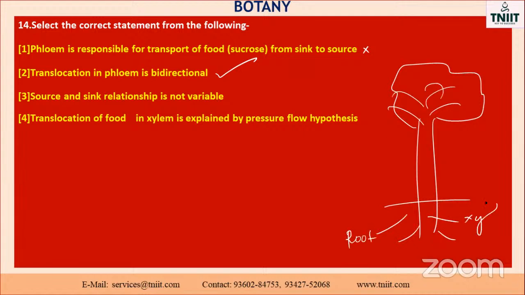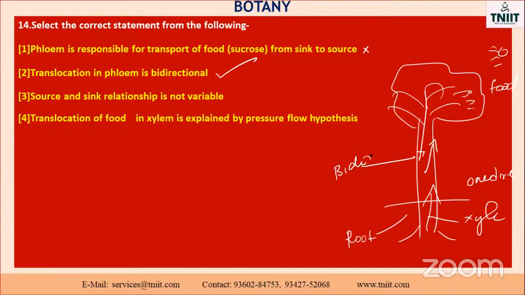In the xylem, water molecule conduction takes place in one direction only. But after photosynthesis, the plant produces food material, isn't it? Food material is transported from the upper part to the lower part and the lower part to the upper part also. So this is the bidirectional aspect.